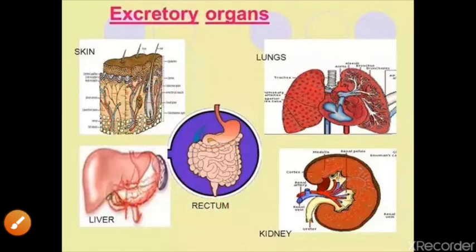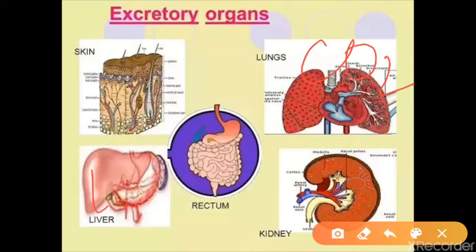One more thing: if there is incomplete digestion of proteins, the decomposition of protein happens in the liver, in the form of urea. So what is urea? Urea is a nitrogenous waste. Waste means kachada. That means it has to be taken out from the body, or else it will harm or damage our body.